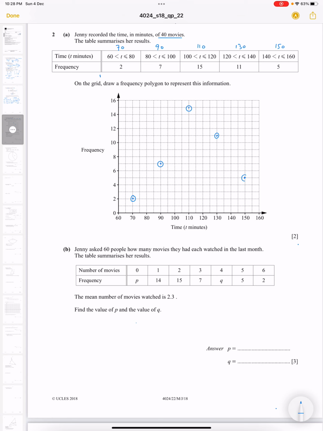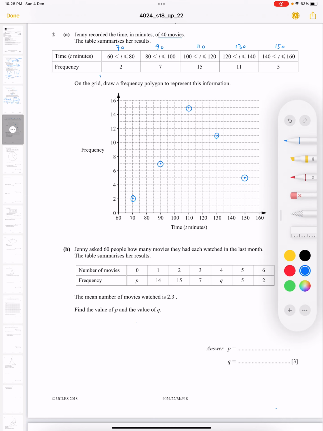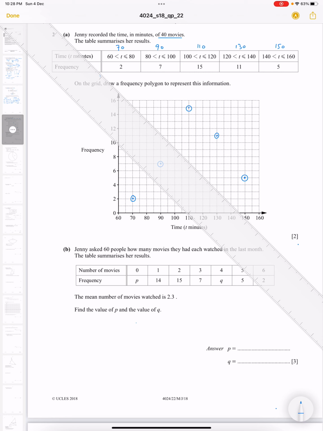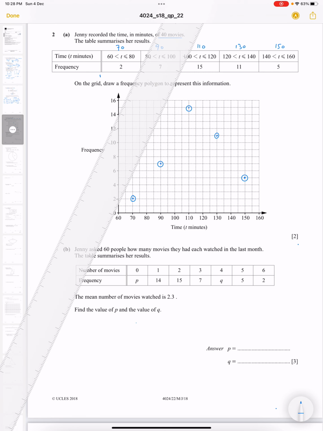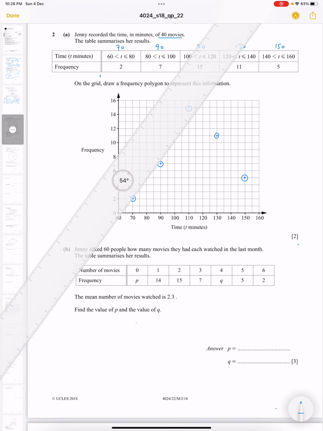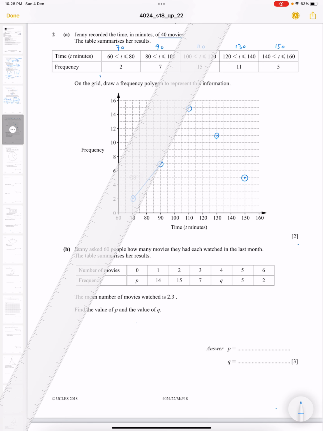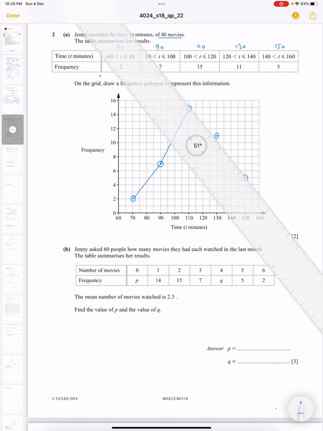Here we have 5. Now we have to join these points by using a scale, and we join the points with straight lines in order to get a frequency polygon. So let's join these points with straight lines and we get a shape like this.